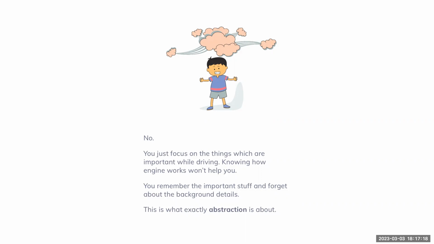You have to learn them to drive a car, but you don't need to learn anything about the engine. Hiding those unnecessary details from the client and giving what exactly you need to perform some action is called abstraction.